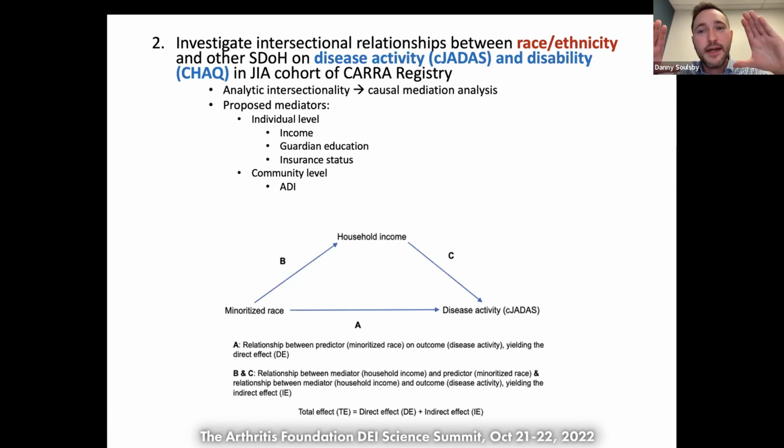Some of the things like societal factors of racism on patients and their outcomes that we can't directly measure easily.